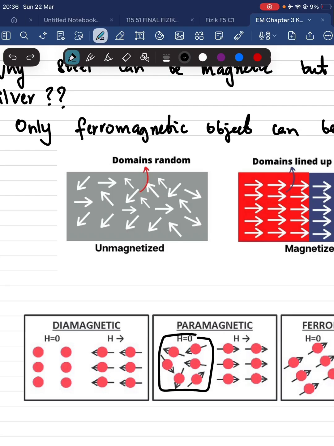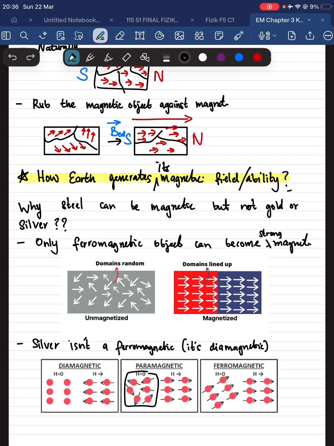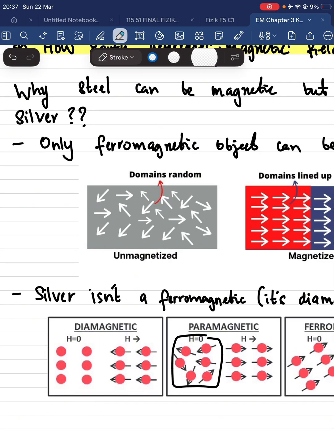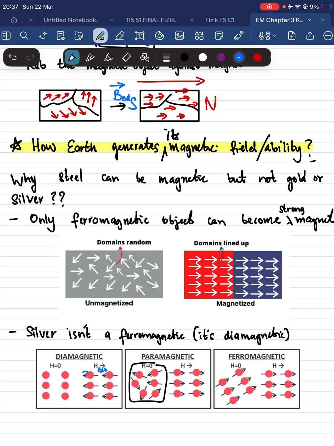But diamagnetic and paramagnetic are objects that cannot be magnetic, right? Why? Because diamagnetism is actually when you apply the external field, the direction of this electron magnetic field will be in the opposite way, right? So that's diamagnetic. Silver is diamagnetic, which means that when you apply, let's say, a magnet around, it will repel the magnet, so it won't attract the magnet.